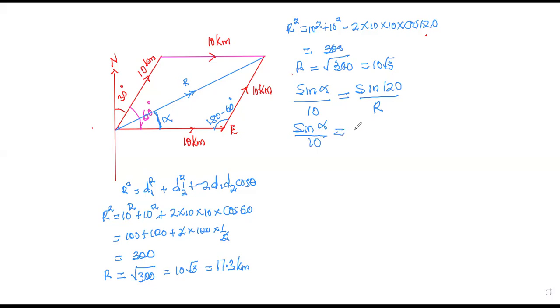So this is equal to sine of 120 divided by the resultant, which is 10 root 3, or its decimal value. We then make sine alpha the subject. You have 10 times sine of 120 degrees, all divided by 10 root 3.